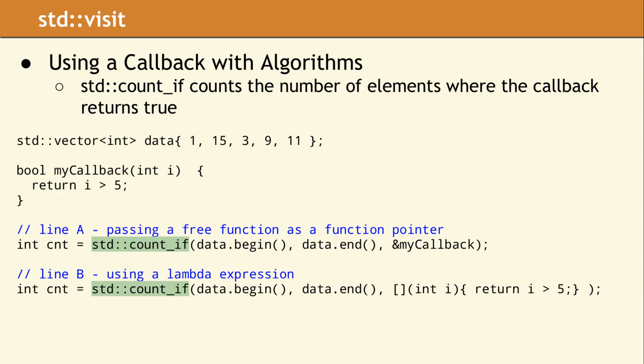It's an ordinary function that accepts an int and returns a bool. Any free function with a compatible signature could have been used here. For line B, instead of passing a free function for the callback, a lambda expression is used, and all the relevant code is located in the body of the lambda. For small callbacks, this can enhance readability and is often more convenient.